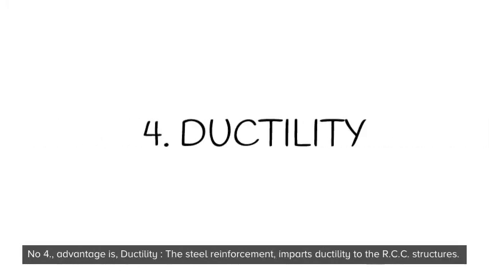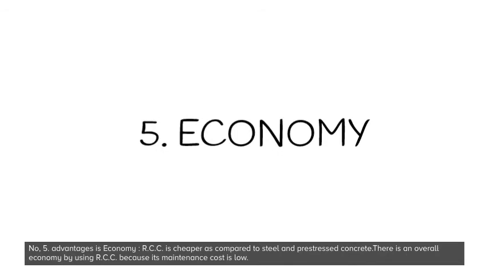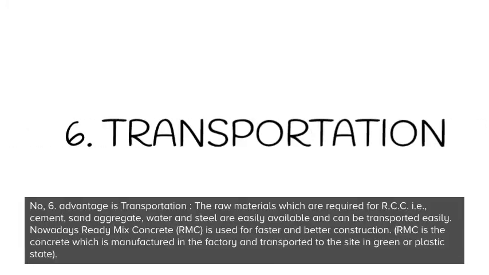Number 4 advantage is ductility. The steel reinforcement imparts ductility to the RCC structures. Number 5 advantage is economy. RCC is cheaper as compared to steel and pre-stressed concrete. There is an overall economy by using RCC because its maintenance cost is low. Number 6 advantage is transportation.